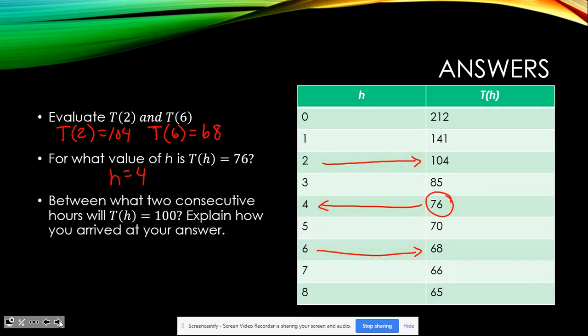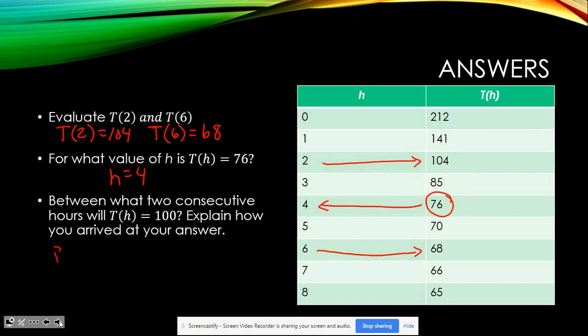Next, between what 2 consecutive hours will T of H be 100? Explain how you arrived at your answer. The temperature is constantly going down. In the second hour, it's 104. In the third hour, it's 85. So at some point, it will cross over into 100.